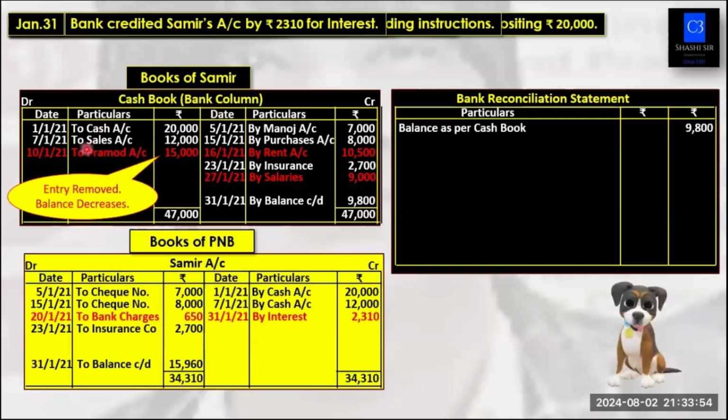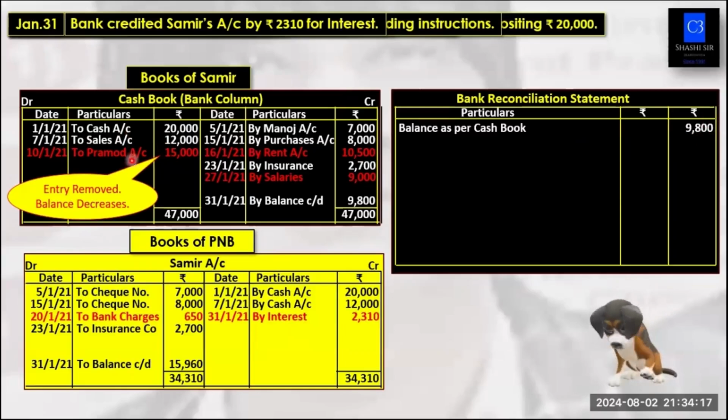And the effect of this removal will be, if you remove this 15,000 from the debit side, what will be the impact on this balance? This 9,800 has been written over here in the bank reconciliation statement.